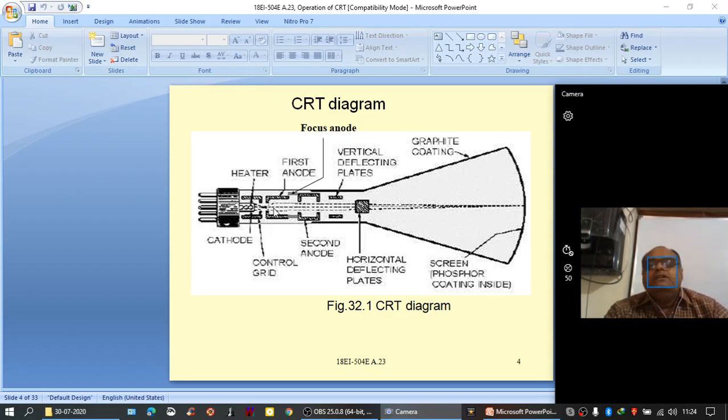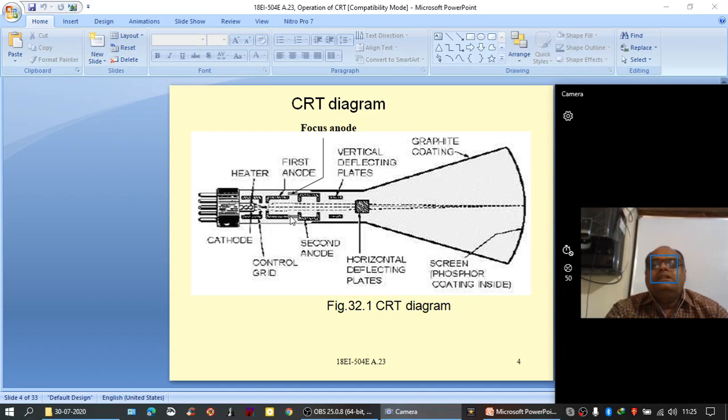And next to the pre-accelerating anode, there will be an anode called the focusing anode. This focusing anode also would be maintained at a positive potential of approximately 500 volts.